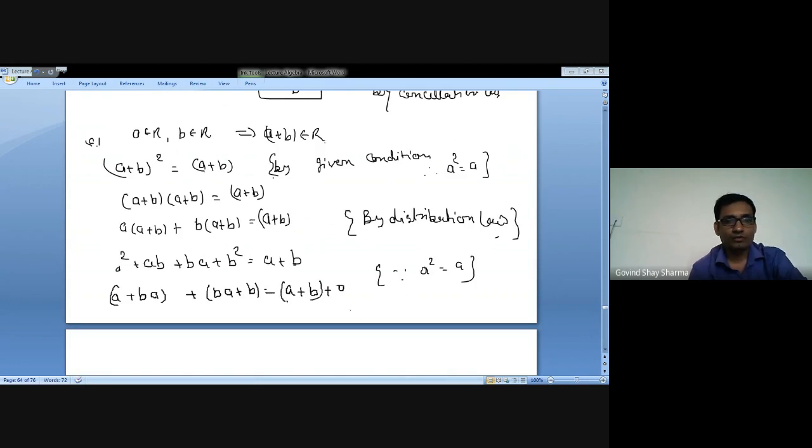Okay, so by cancellation law, BA plus AB, so here you can write it is equal to 0.